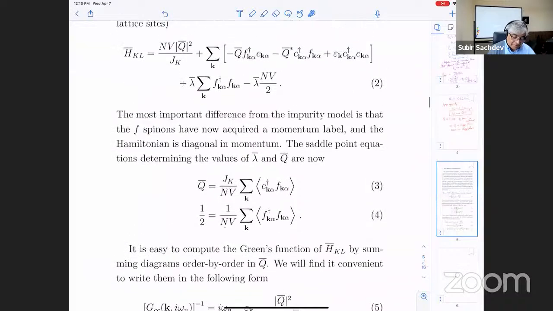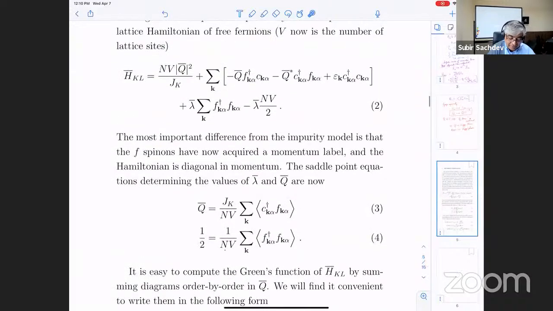The way I'm going to think about this is I'm going to treat the Q bar just like we did the impurity problem, although here it's not necessary because you can diagonalize the whole thing. It's diagonal in K. I'm just going to treat the Q bar as an interaction. So my bare Green's function will be purely diagonal.